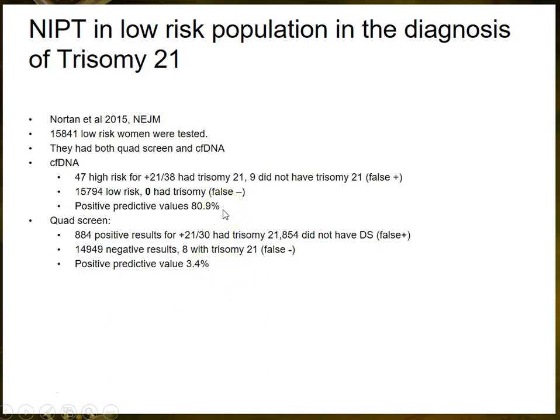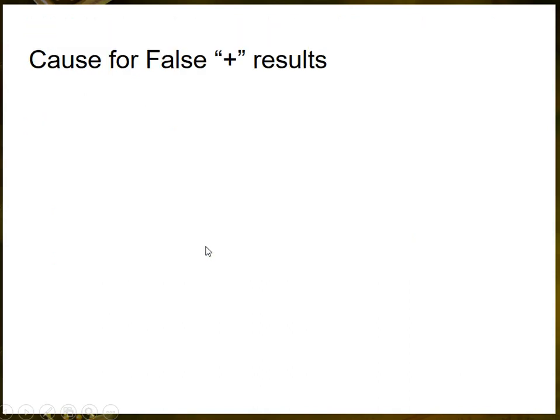So you can see that the cell-free DNA far exceeds the quad screen in this regard, in addition to the fact that instead of having to call 47 women and only having 9 that didn't have a baby with Down syndrome, you have to call 884 women back to find that only 30 of these women actually had a baby with Down syndrome.